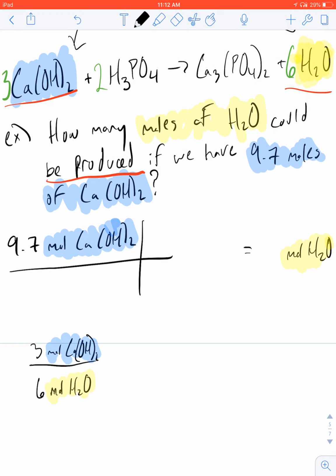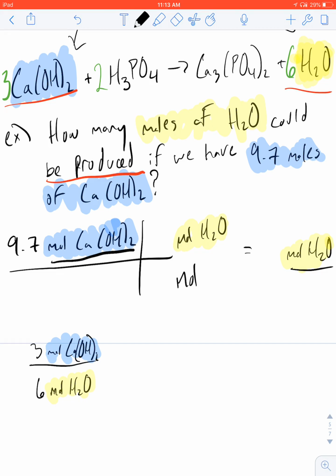So what we want to do is end up with moles of H2O in this question. That means I need moles of H2O in the numerator. And we're starting with units of moles of calcium hydroxide, so we want to cancel that.